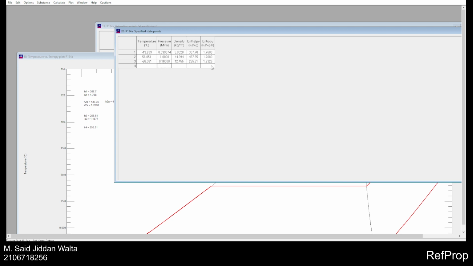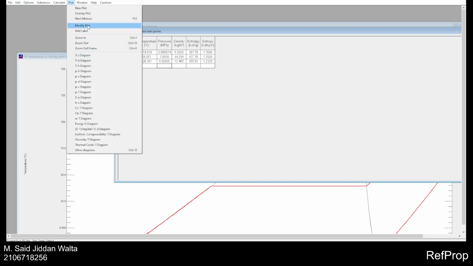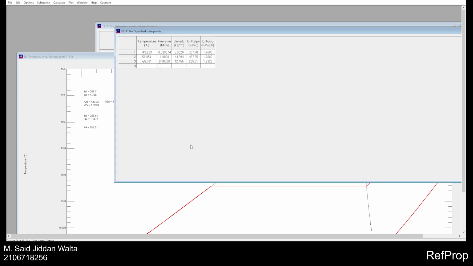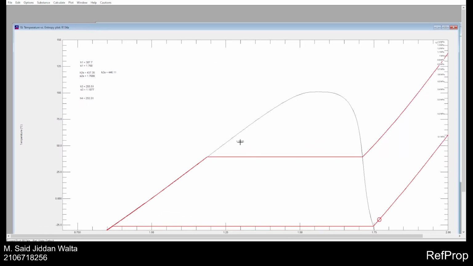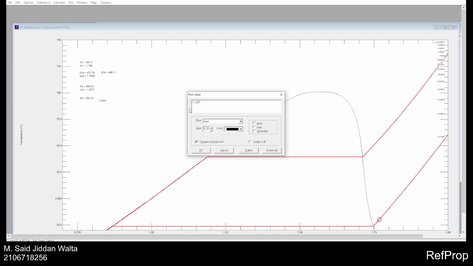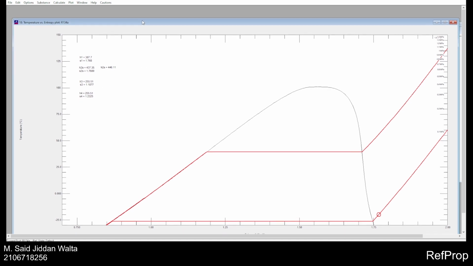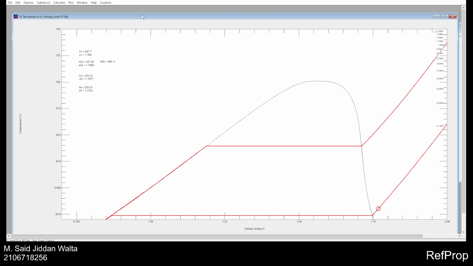And so we can find that the entropy at point 4 to be 1.2325 kilojoules per kilogram Kelvin. And so with these values, we can go to calculate the values that are being asked by the problem.